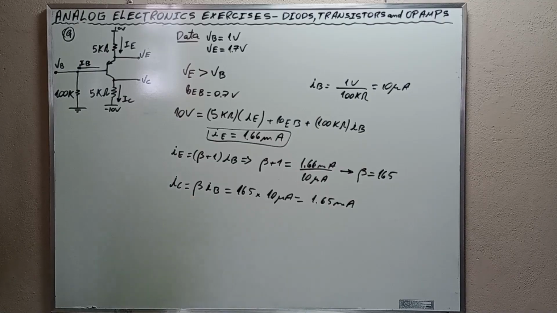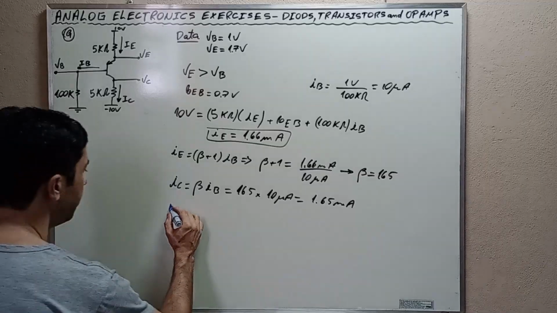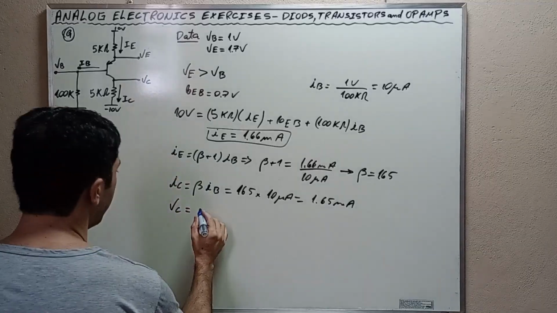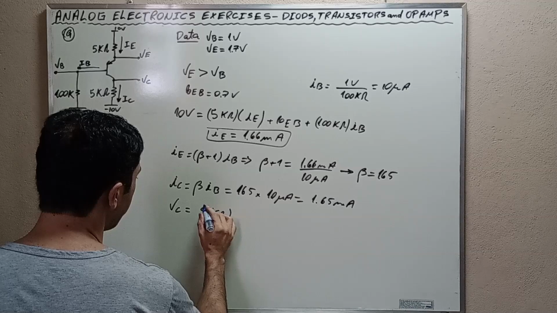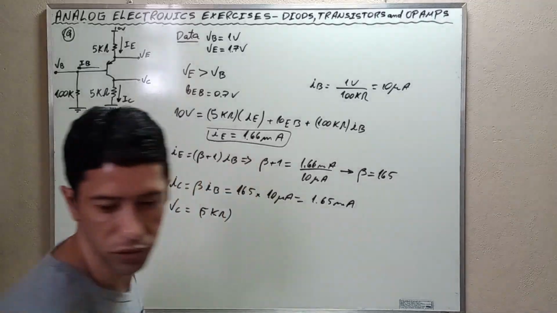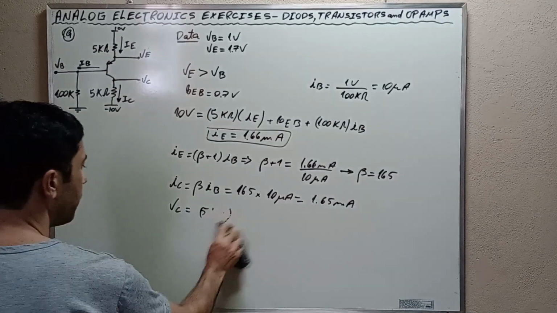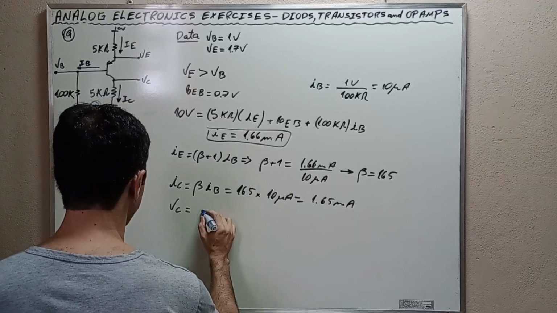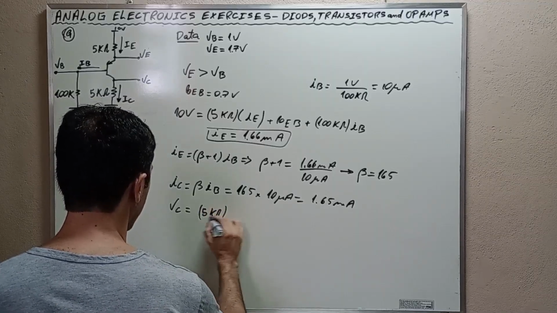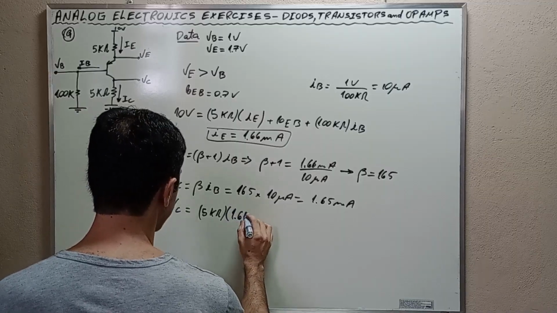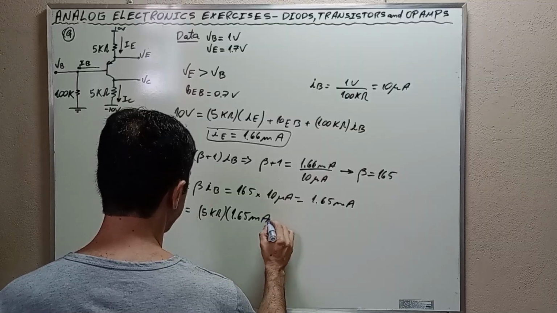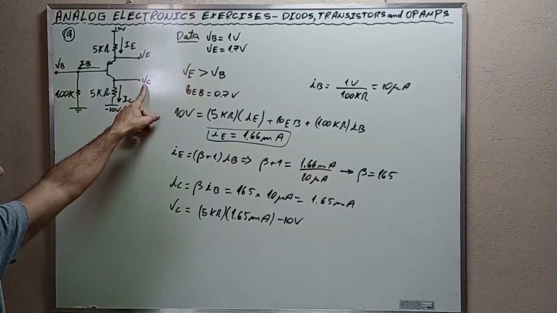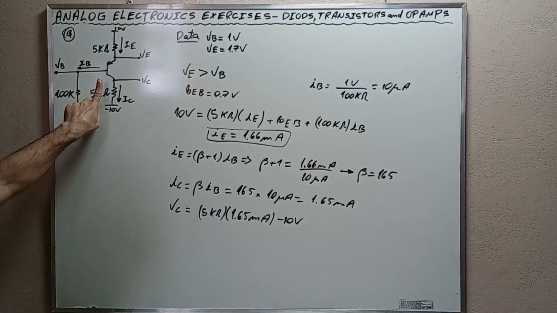Now, let's calculate VC. VC is equal to 5 kilo ohms times 1.65 milliamps minus 10 volts. VC is going to be equal to the voltage here.